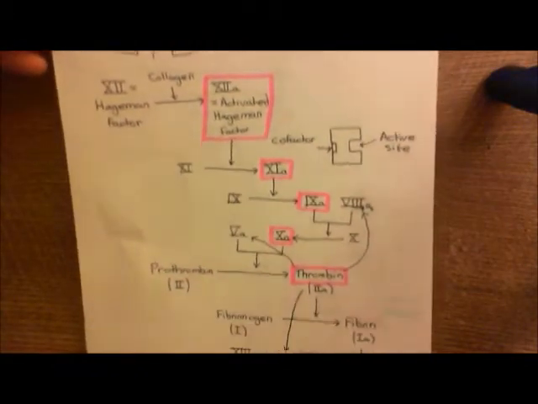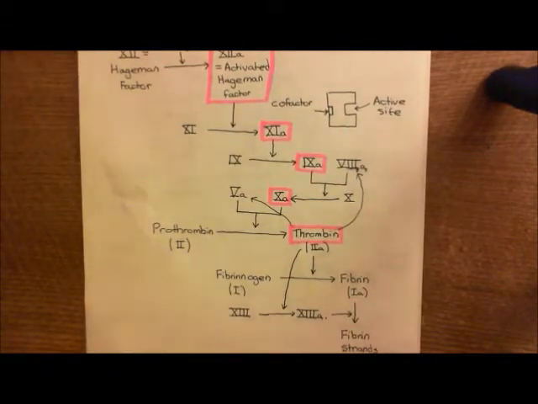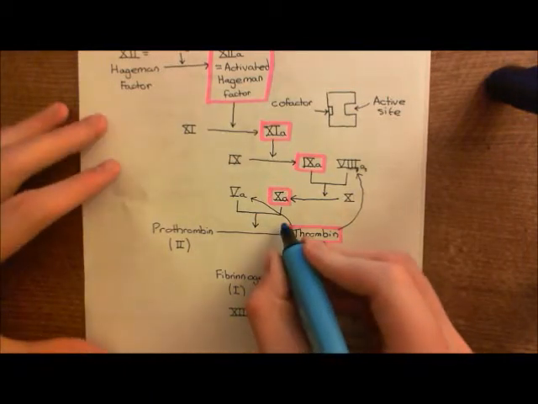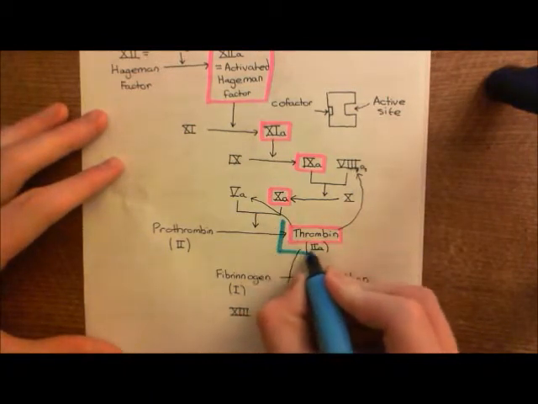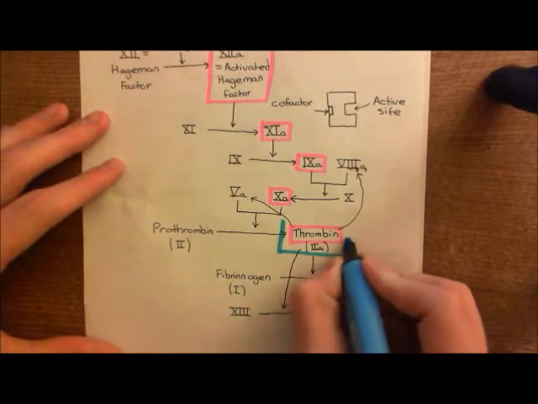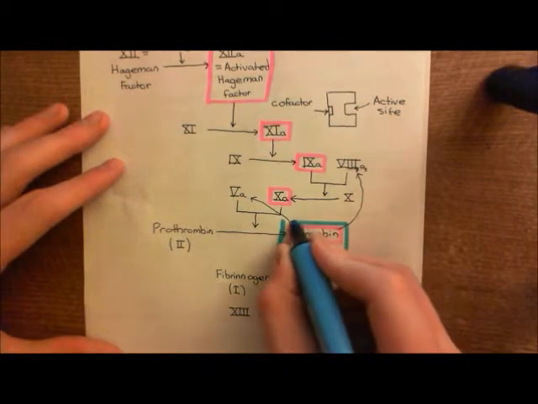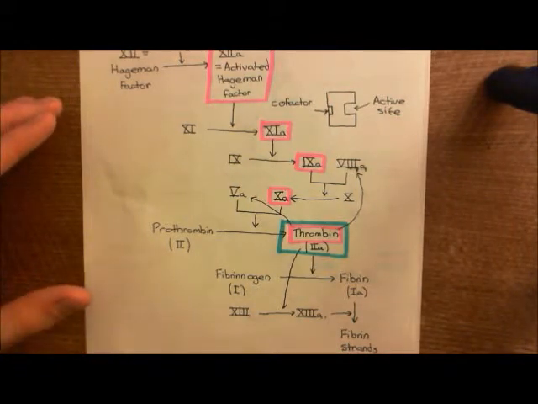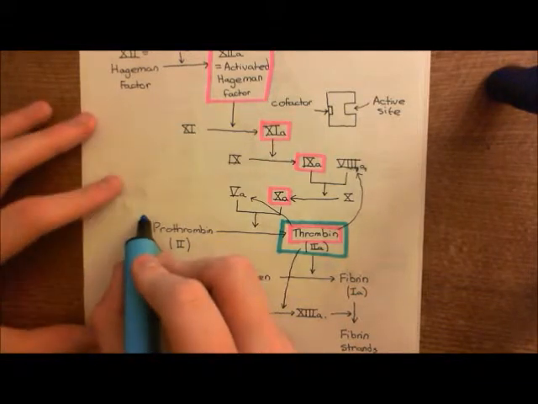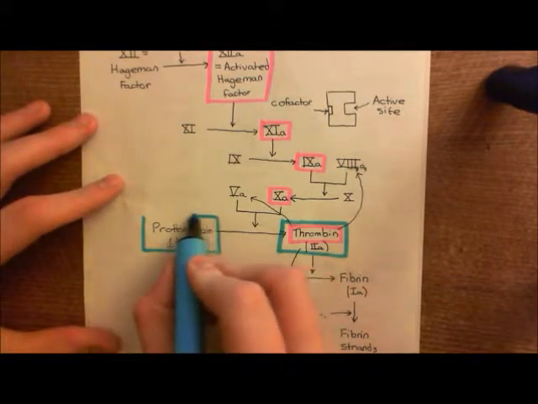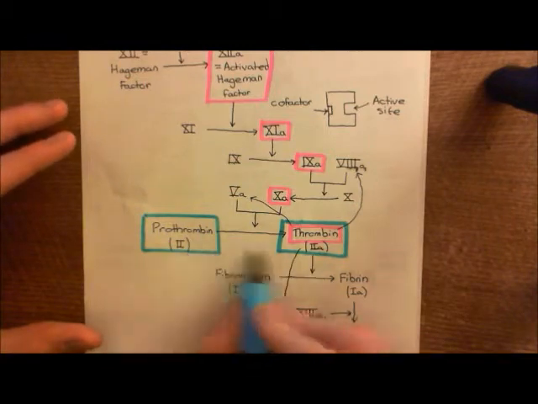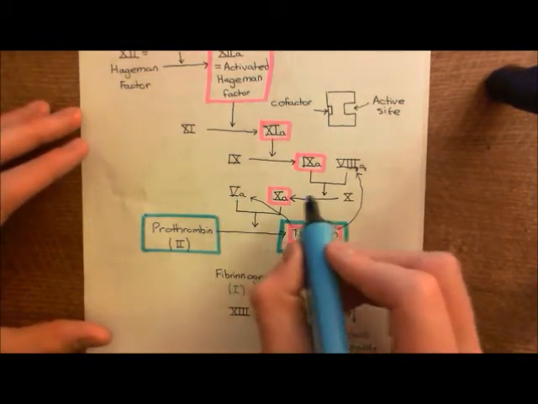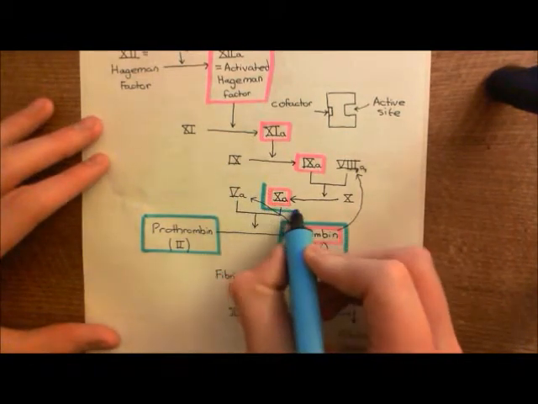So let me impress on you what this is going to do. So here is the intrinsic coagulation cascade. So warfarin, which we'll have in blue, pink was heparin or antithrombin free. So blue now is warfarin, so it's going to stop the function of thrombin. You're going to have no prothrombin, and therefore you're going to have no thrombin. Okay, so both of these are going to go out. It's also going to stop the production of 10.